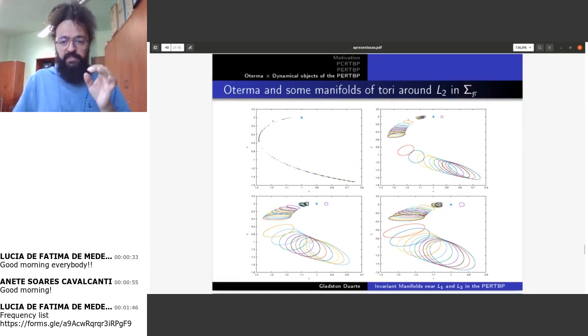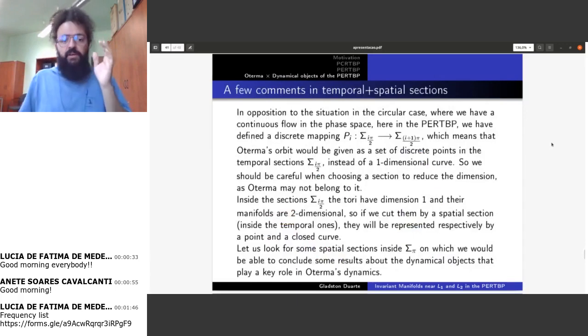This is the temporal section pi. But can we determine inside this temporal section a spatial section with x coinciding with x of Oterma to see how these manifolds interact with this comet?